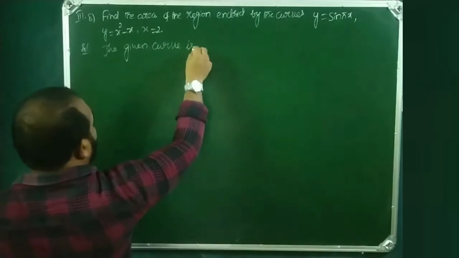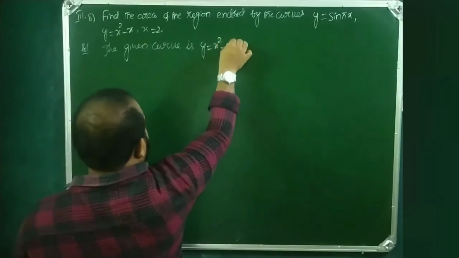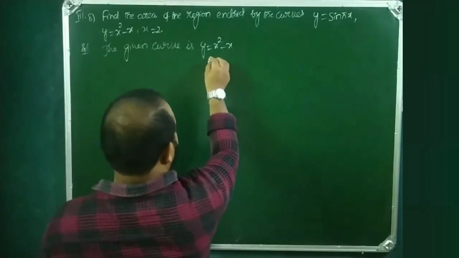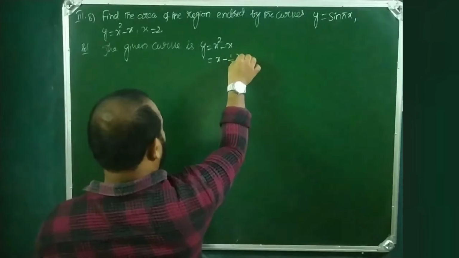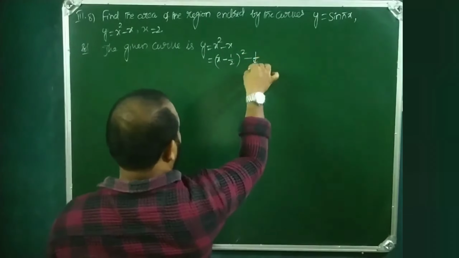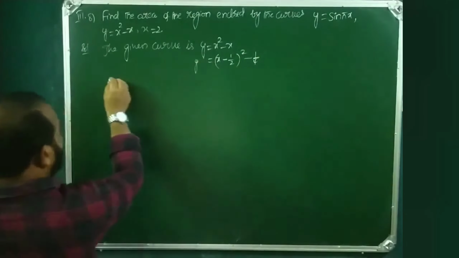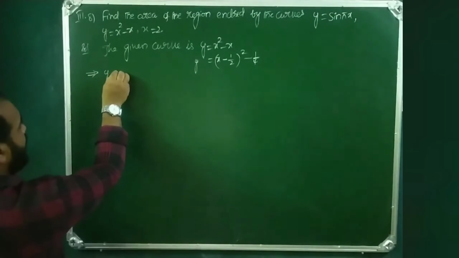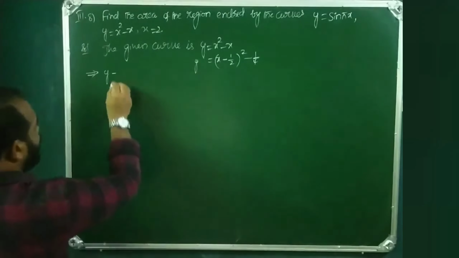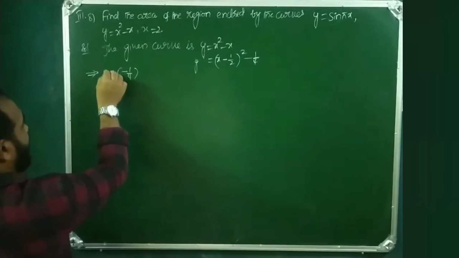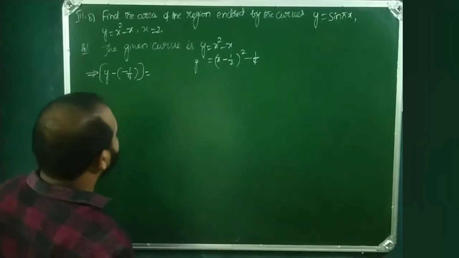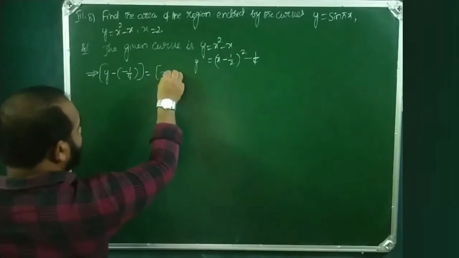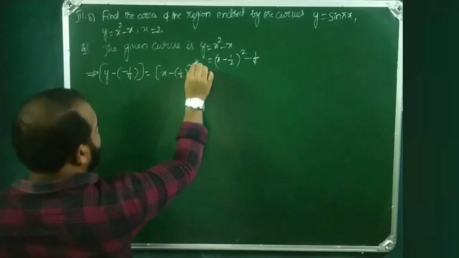First of all, the given curve is y is equals to x square minus x. It is a parabola. How? This can be written as x minus 1 by 2 whole square minus 1 by 4 equals to y, therefore it is y plus 1 by 4. So y plus 1 by 4 is equals to x minus 1 by 2 whole square.